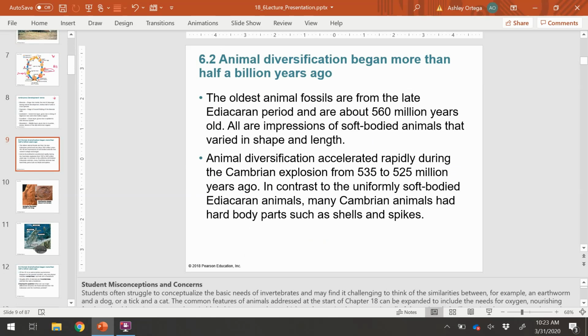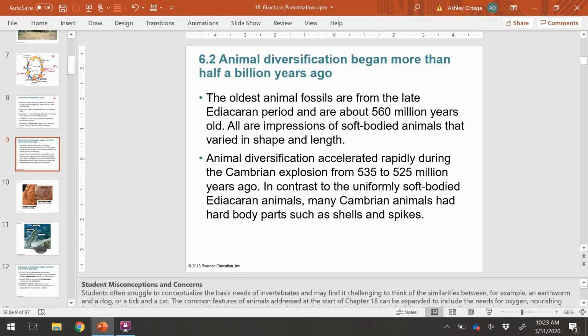All right, so looking at animals in terms of fossils and evolutionary history, you would go back about 560 million years ago to the Ediacaran period. This period had animals that were soft-bodied, that varied in shape and length.